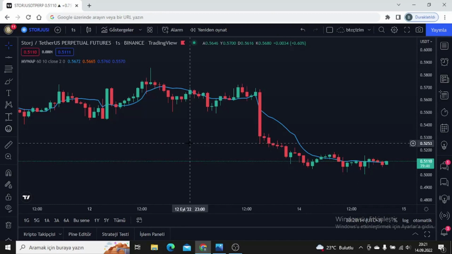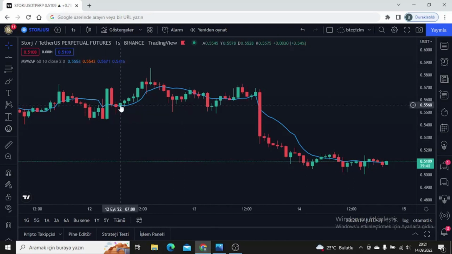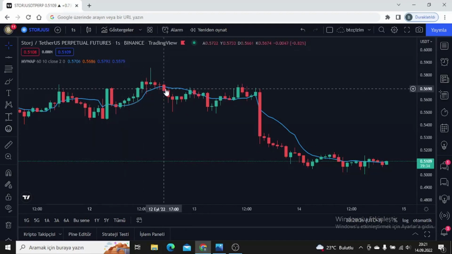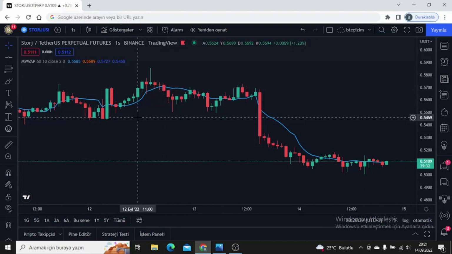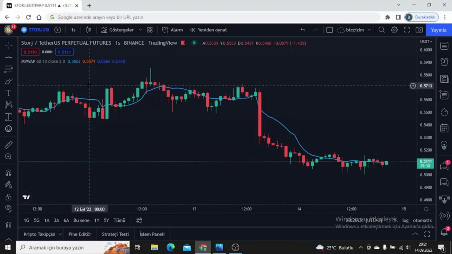Now, we can actually use this indicator alone, because it is a moving average indicator, a trend indicator. When prices rise above the moving average, it forms a trend. It also creates a trend when it falls below.